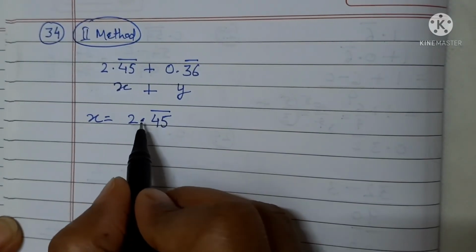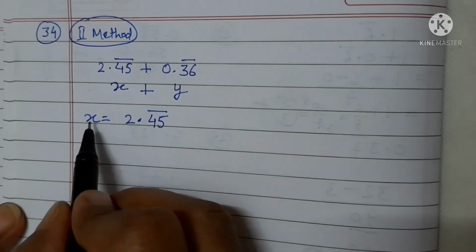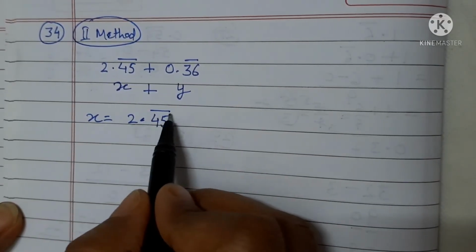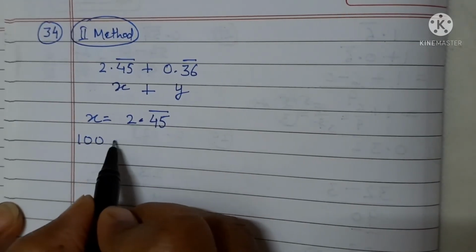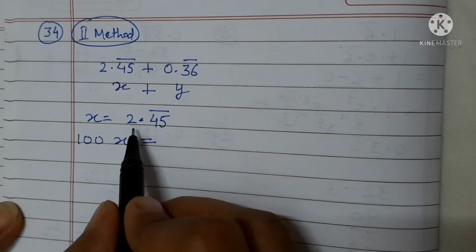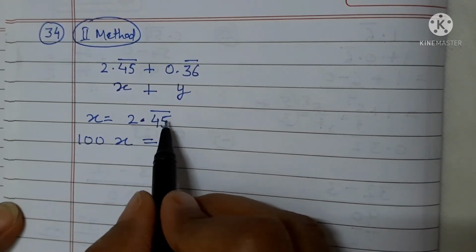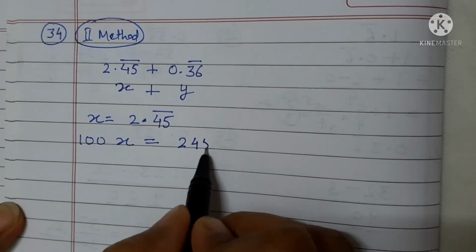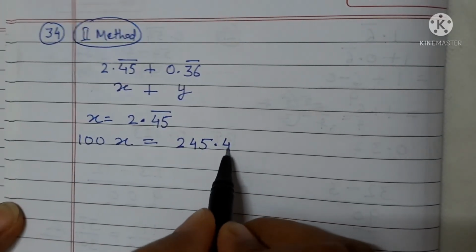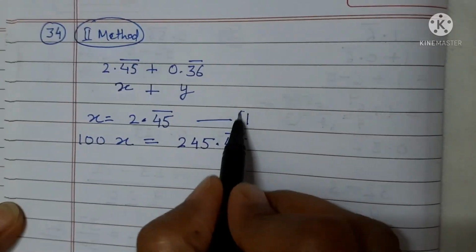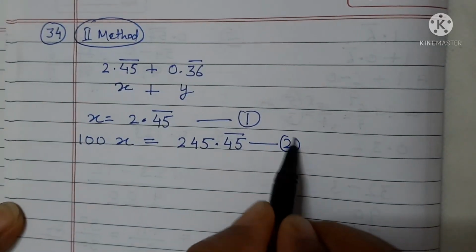Now how much will this be multiplied? You can multiply this by 100, because 2 digits have bar, so this becomes 100x is equal to, the decimal will shift after 2 digits, so 245.45 bar. This is equation first and this is equation second.